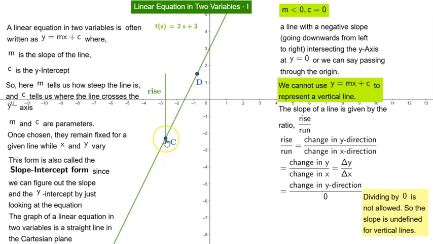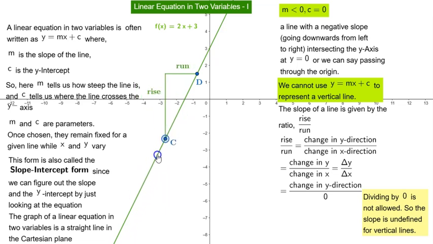Let's start from C and go up, then parallel to the x-axis along D, and draw a line from that point to D. The vertical line is called the rise and this is called the run. So rise by run defines the slope of this line.